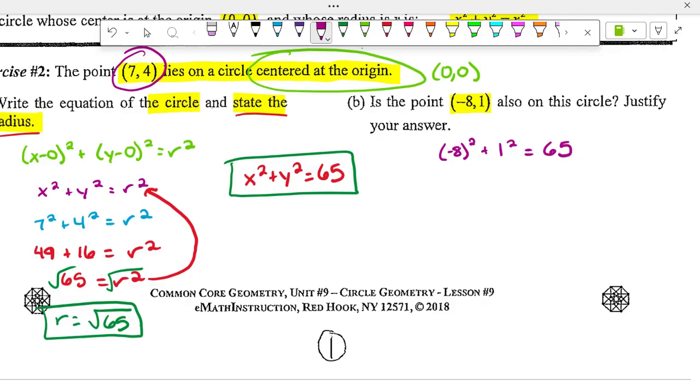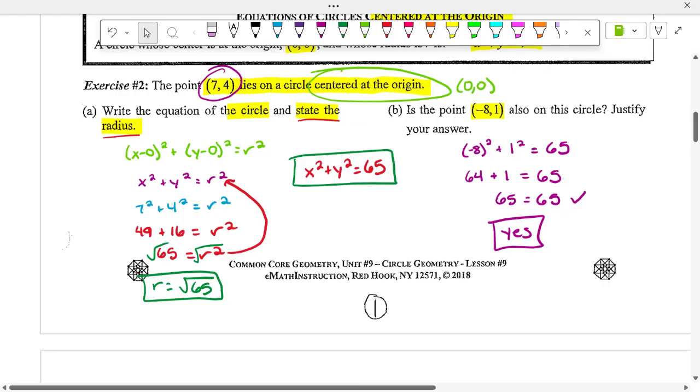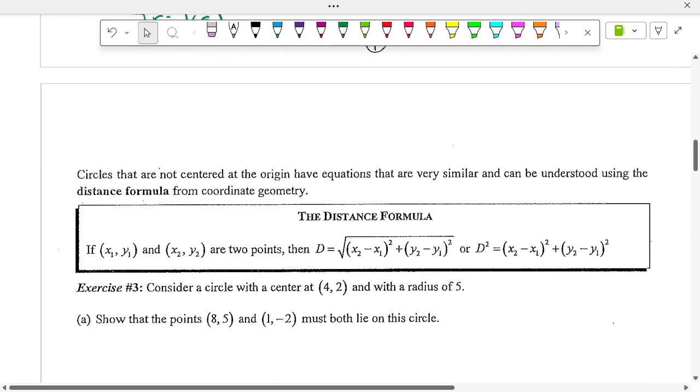What's negative 8 squared? 64. What's 1 squared? Is it true that 64 plus 1 will equal 65? Yes. So is the point on the circle? Yep, it is. Now again, that's if it's centered at the origin, but we already know that that's not true.